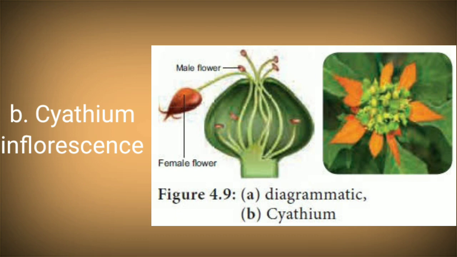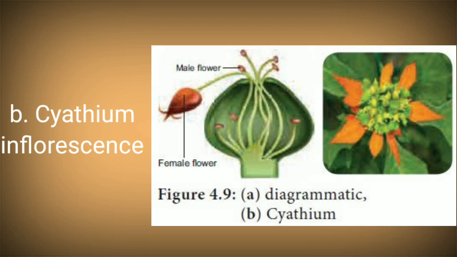Here the female flower will be towards the tip part and hangs down, and the male flowers surround the female flower in a centrifugal manner. That means the older flower will be in the middle or in the center, and the younger flowers will be spread towards the periphery. And such kind of Cyathium inflorescence is found in Euphorbia.